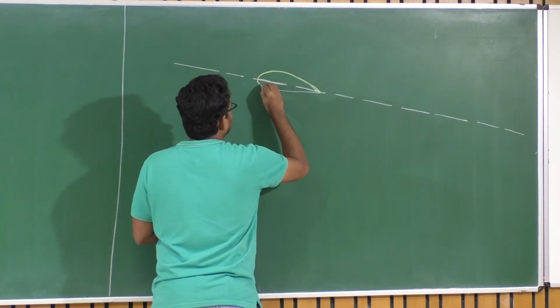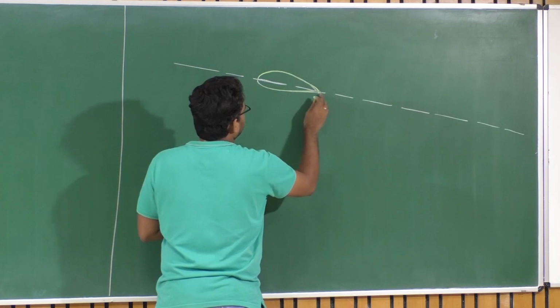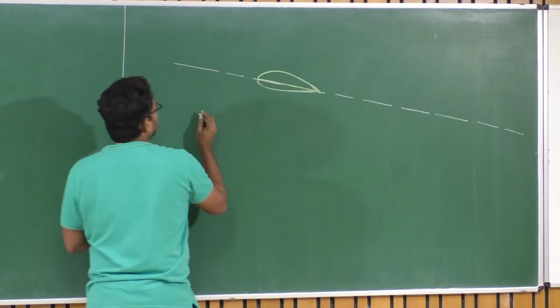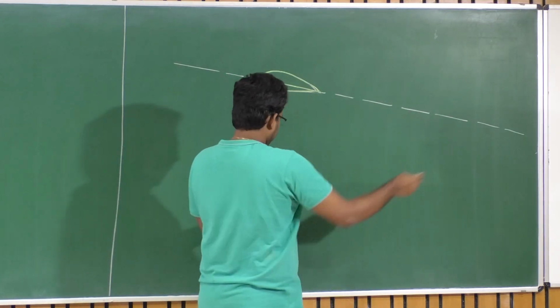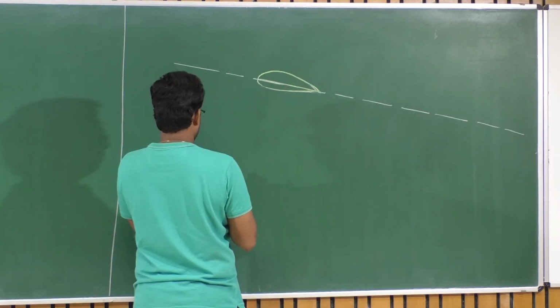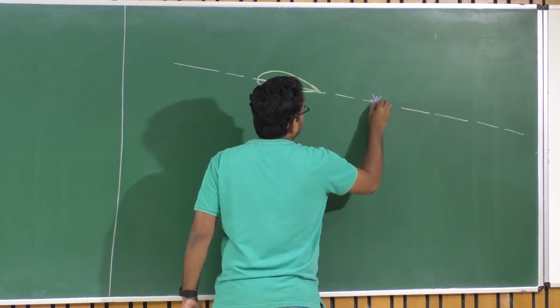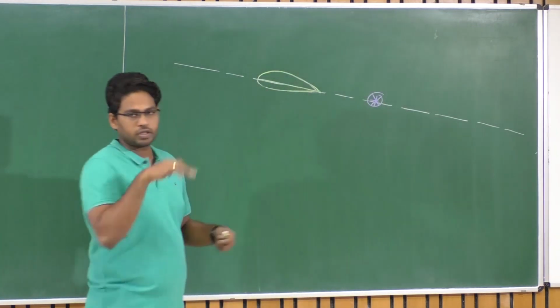So the chord of the wing coincides with the fuselage reference line, and then we have a tail aft of the wing, and also let's not consider the z offset of the CG.